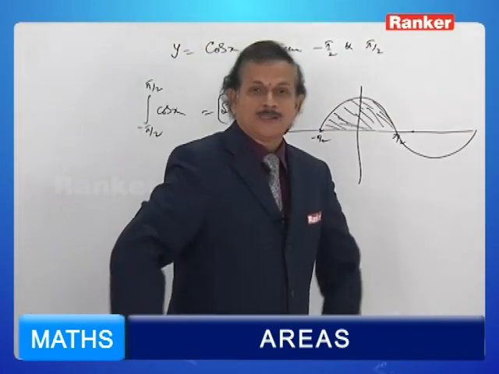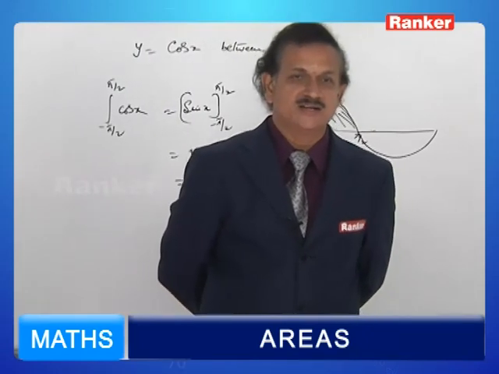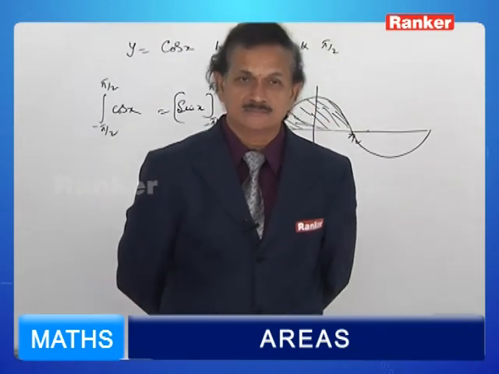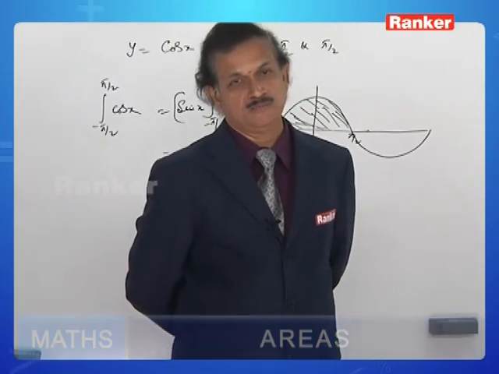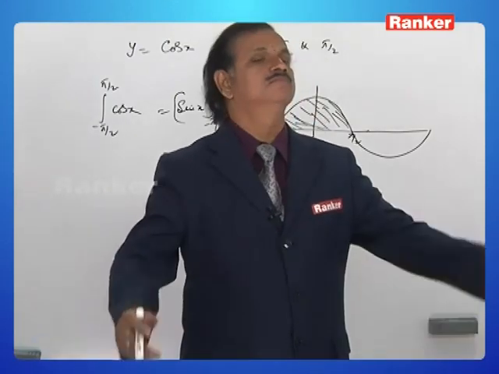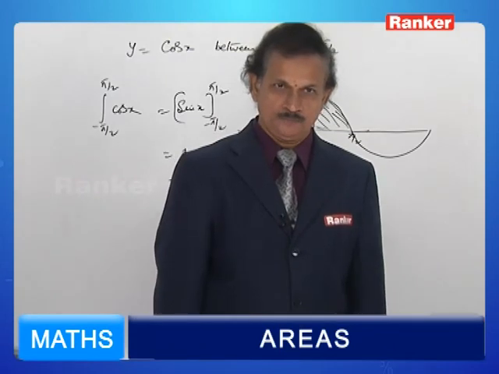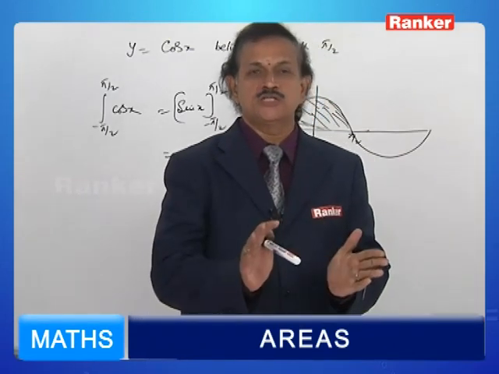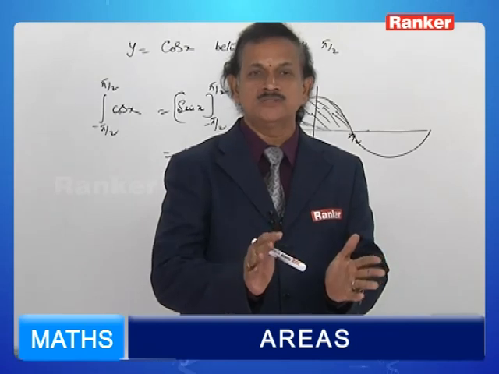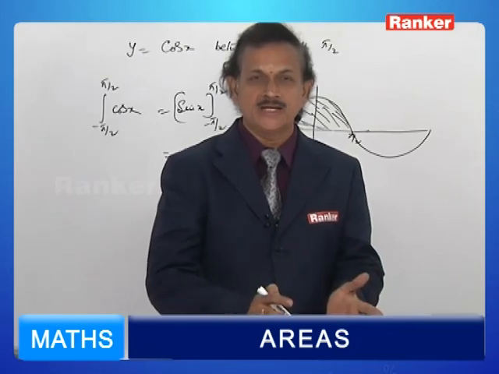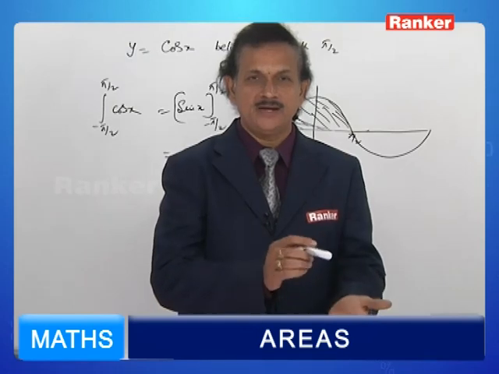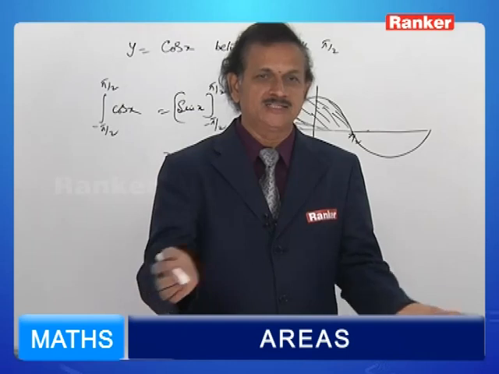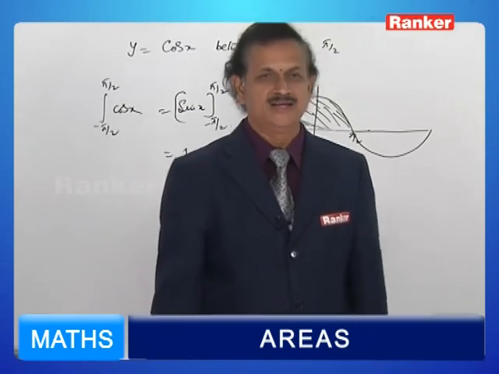So we see the area of a loop in the sine curve and the area of a loop in the cosine curve remain the same, 2. In the case of y is equal to sin x, between any two successive multiples of pi, 0 to pi, pi to 2 pi, 2 pi to 3 pi, like that, 2, 2, 2, 2 will be added.